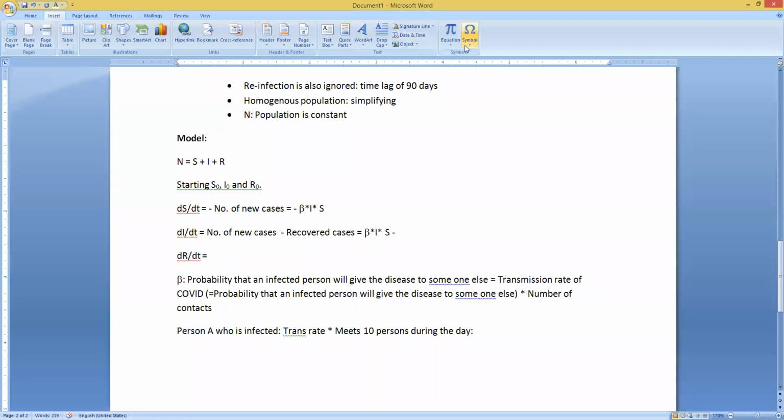So this is assumed to be gamma I. At any point of time, you have I number of people, and out of them, gamma proportion will recover.